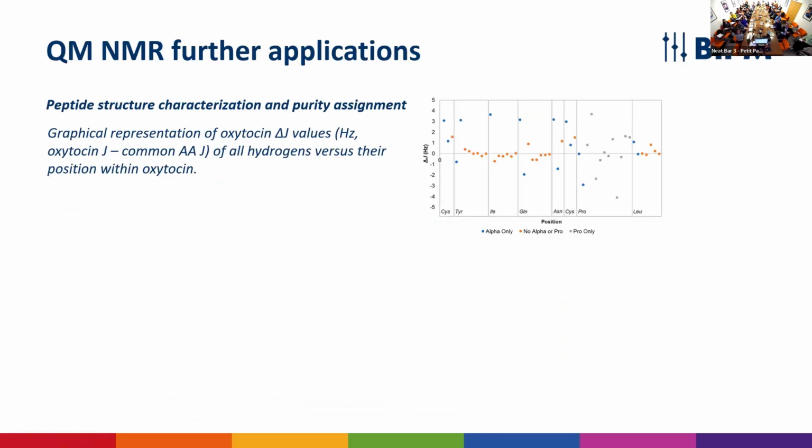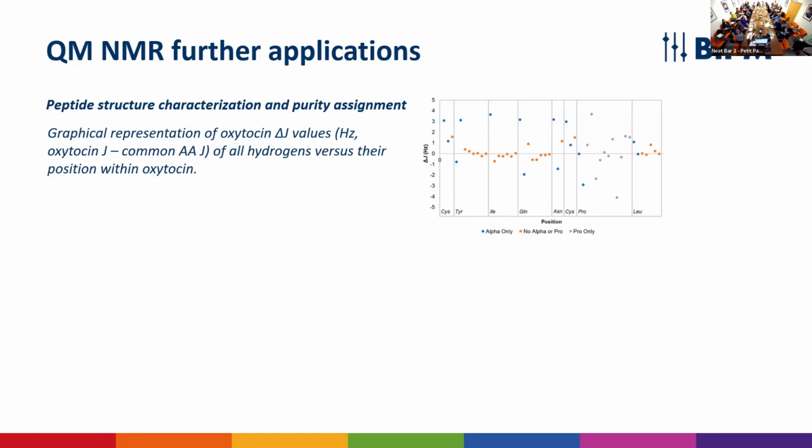So this is just some other examples, which I think lines up quite nicely with where we were talking about peptide usage, and this goes more to what POG is looking at. Here we're looking at the use of QMSA for representing oxytocin J couplings, and then comparing them versus what they look like in their own systems.